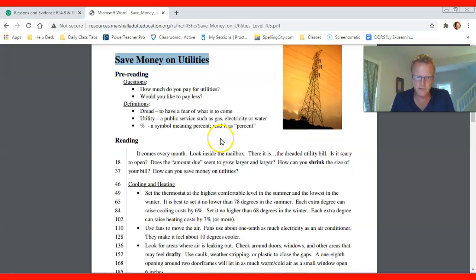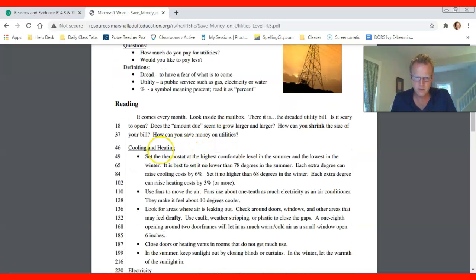And sure enough, if I come down here, look at cooling and heating. He's going to talk about different information on how I can save money on my cooling and heating in my house.